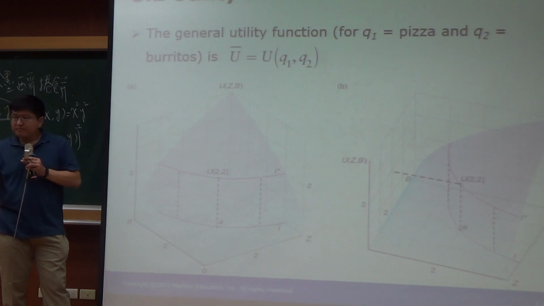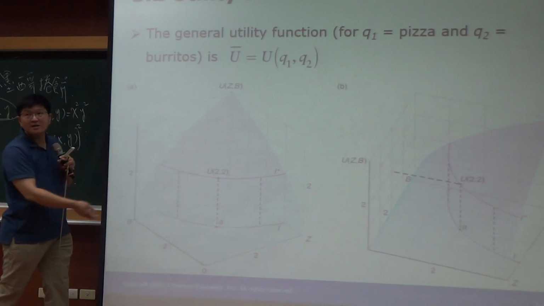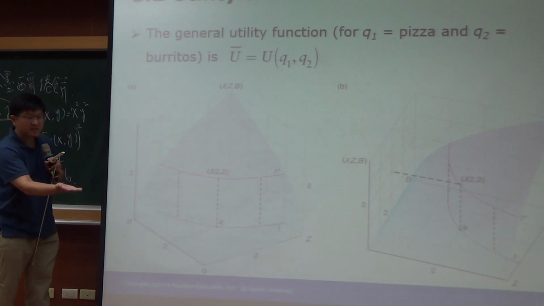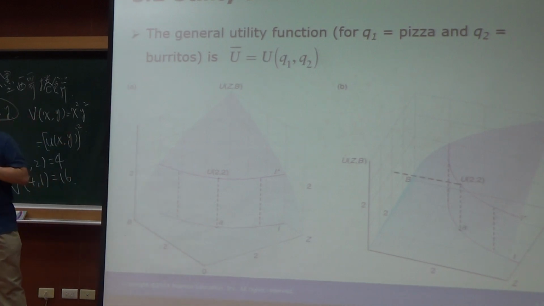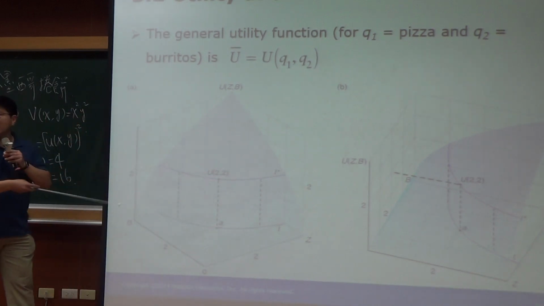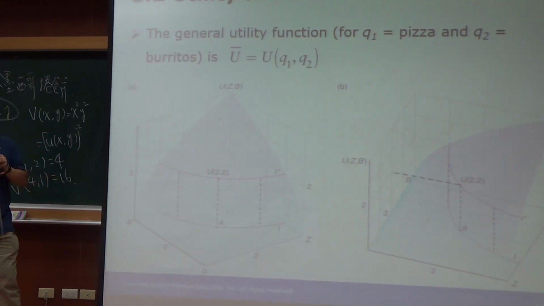So if we just use a plane to cut, then we may cut the trace of an indifference curve, right? Say, if we just raise the height to 2, and we just cut, then the intersection, we may have a trace of points giving us the utility level of 2, right?